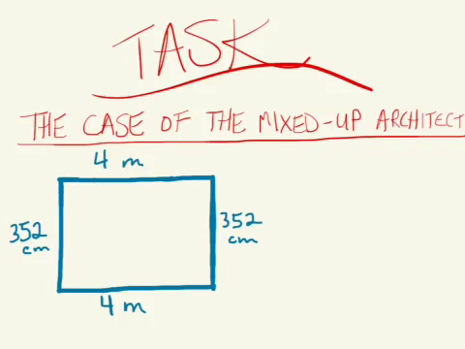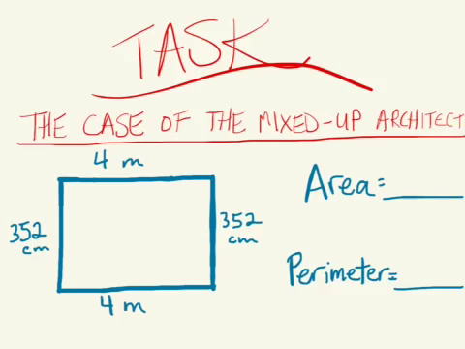How would you calculate the area, length times width, of this rectangle that the architect is trying to build? Think about what you might need to do to convert the units to be all the same unit before you multiply. And when you come up with your answer, is there another way to rewrite it?